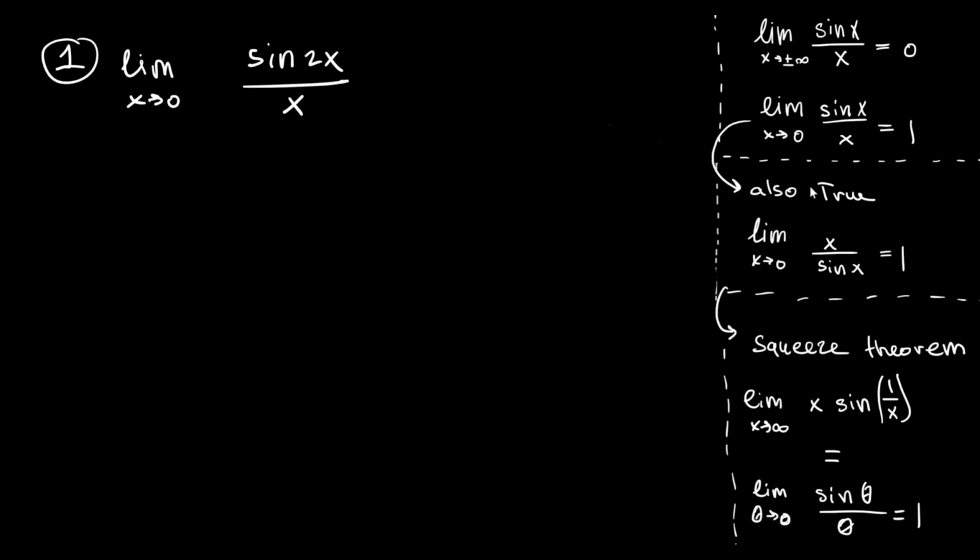Again, we have the following property: the limit as x approaches 0 of sine of x over x is going to be 1. But note that we have 2x. What are we doing in this case? Well, we want our denominator to be the same as whatever is inside of the sine function. So we'll have to multiply by 2 over 2 and rewrite our function.